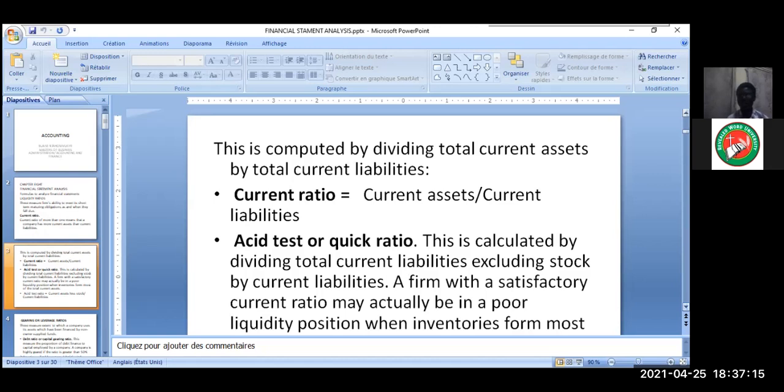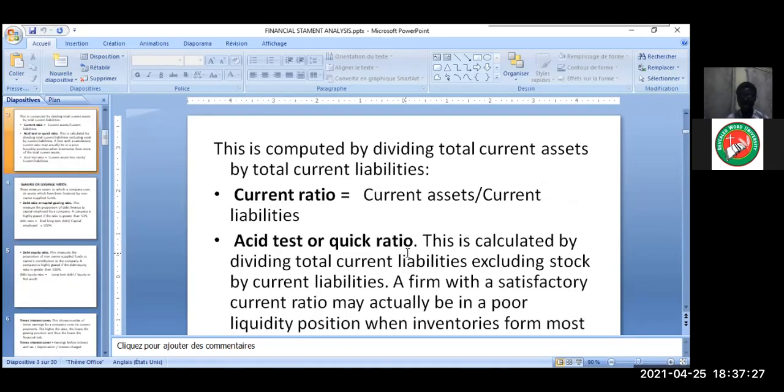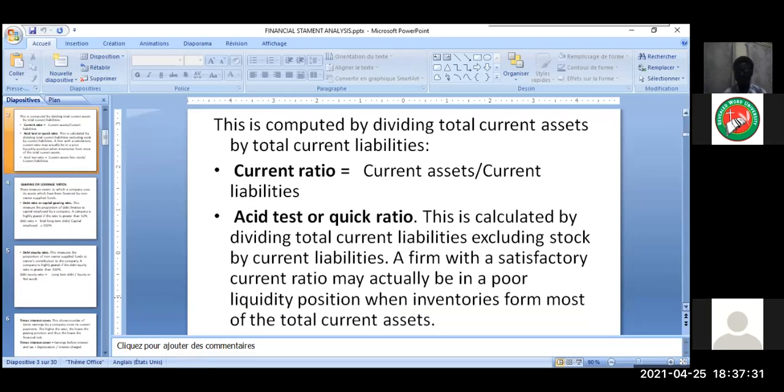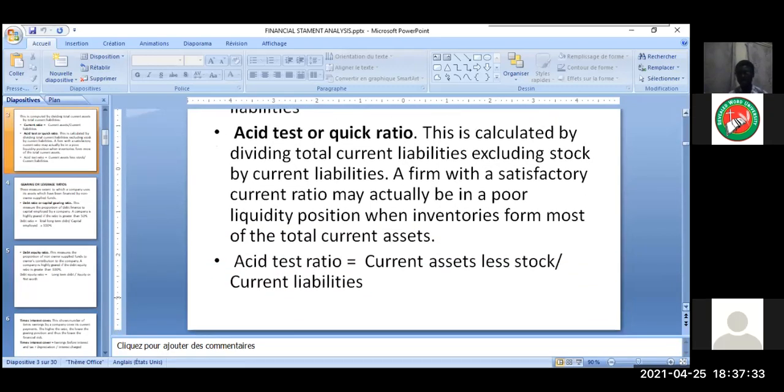We also have another ratio to calculate liquidity, which is the acid test or quick ratio, if we can say it, quick ratio or acid. It is just, we take the current assets and we minus stock, then over current liabilities.